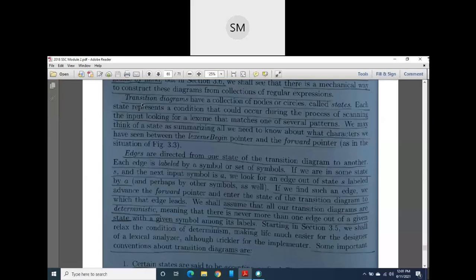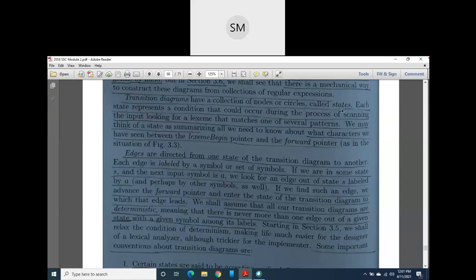How exactly do these transition diagrams look? Transition diagrams have a collection of nodes or circles, usually called states. Whatever circles you see in the transition diagrams are nothing but states. From one state to another state we keep on moving, and these circles have outgoing arrow marks.